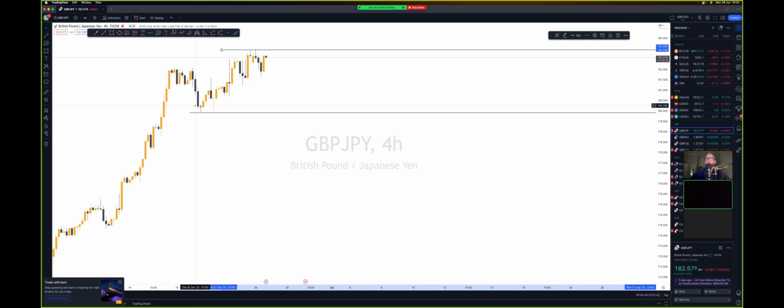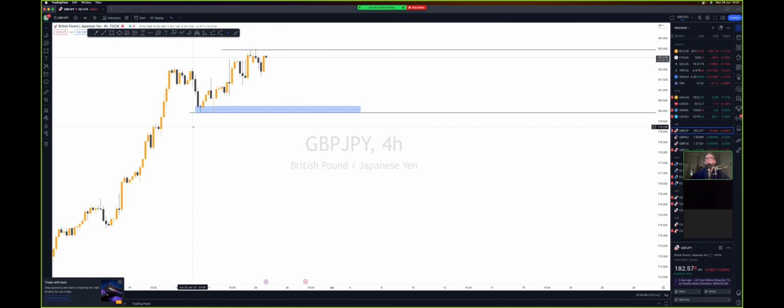Cool, we can see what goes on here. I'm just going to mark this area real quick. And then we also have a keen interest area here. Took out that. Tap and go.